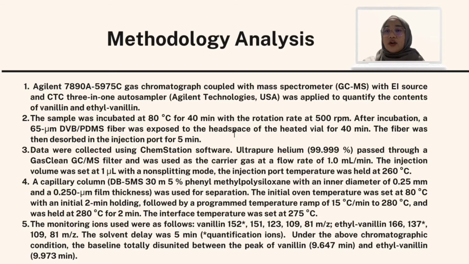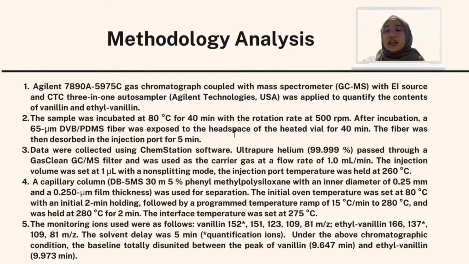Ultra-pure helium, 99.999%, passed through a gas clean GC-MS filter and was used as the carrier gas at a flow rate of 1 ml per minute. The injection volume was set at 1 microliter with a non-splitting mode, and the injection port temperature was held at 260 Celsius. A capillary column was used for separation.